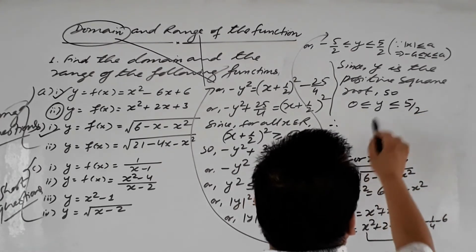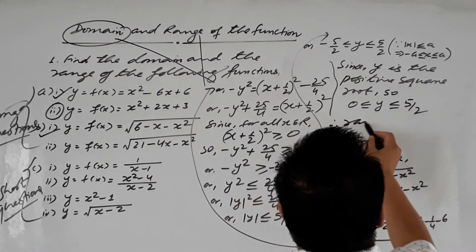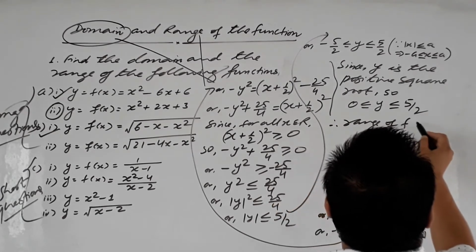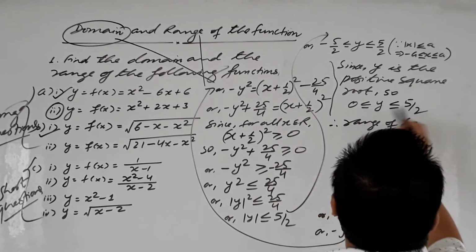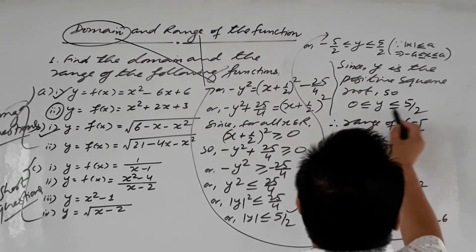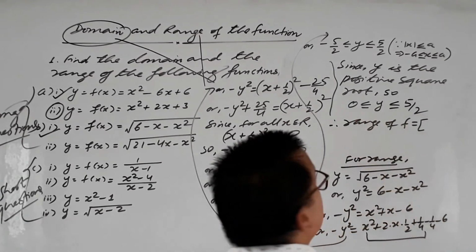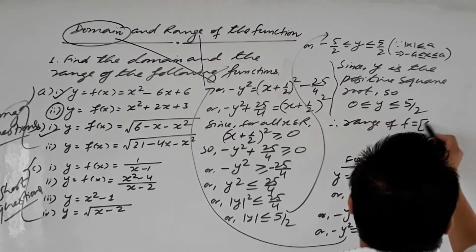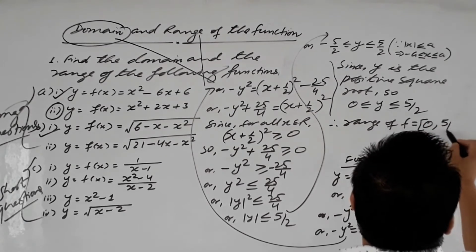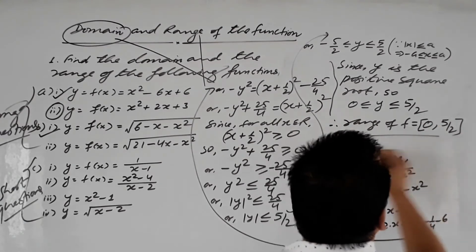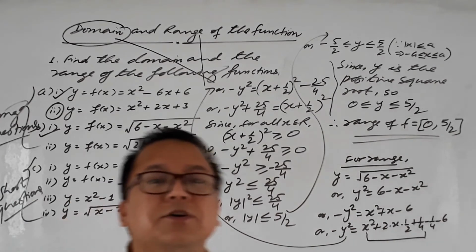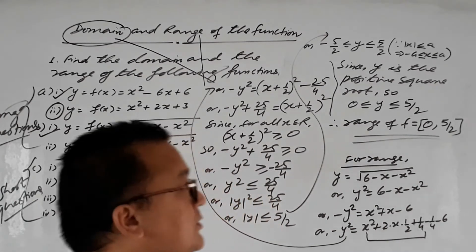So all values will get to be for y, right? So therefore range of function equals to, this is the case of a closed interval, because if we are equal to them, closed; if there is no equal to sign, then we use open. But this is the case of closed interval. So this one is the range of the function, closed interval of 0 to pi by 2.